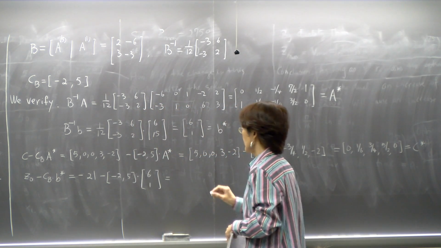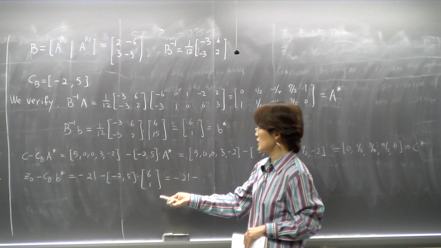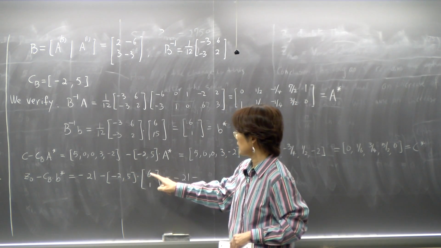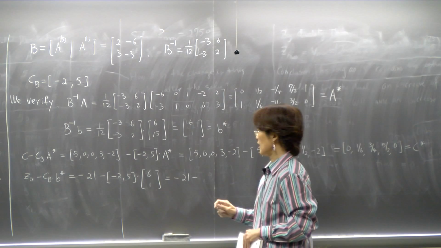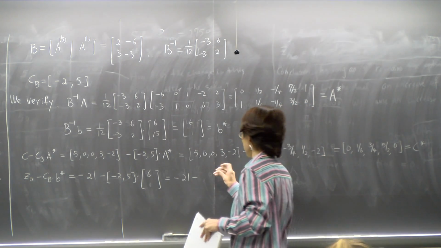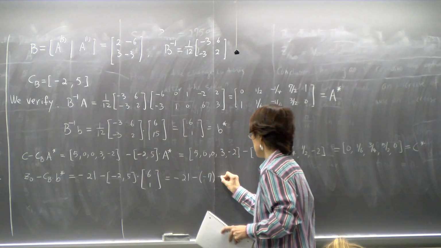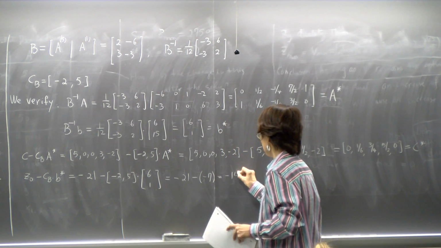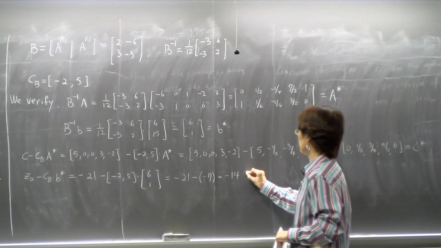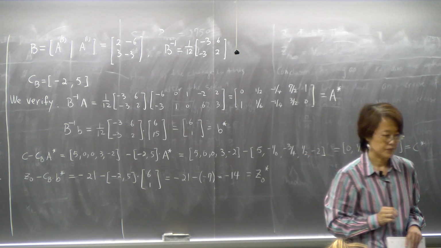So I get -21 minus, and if you do this inner product, what do you get? -12 and a 5, that gives you -7. Is that right? So you add all these up, you get -14, which is the number down there, Z0 star.